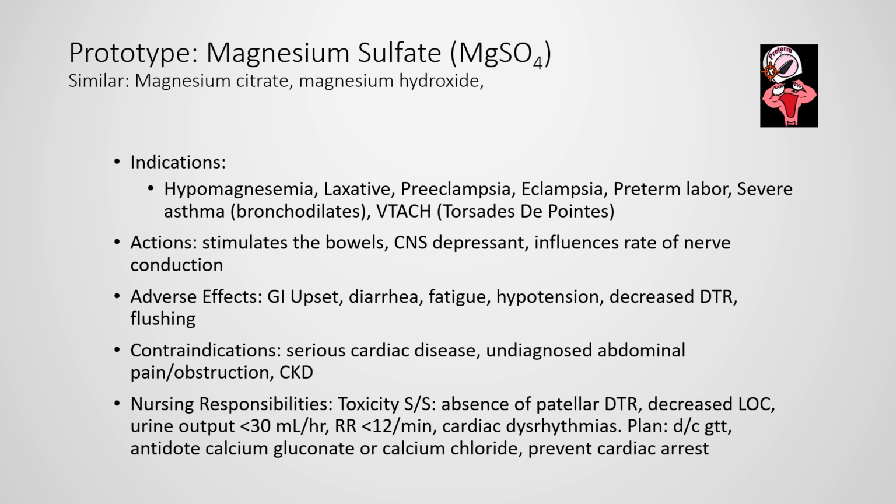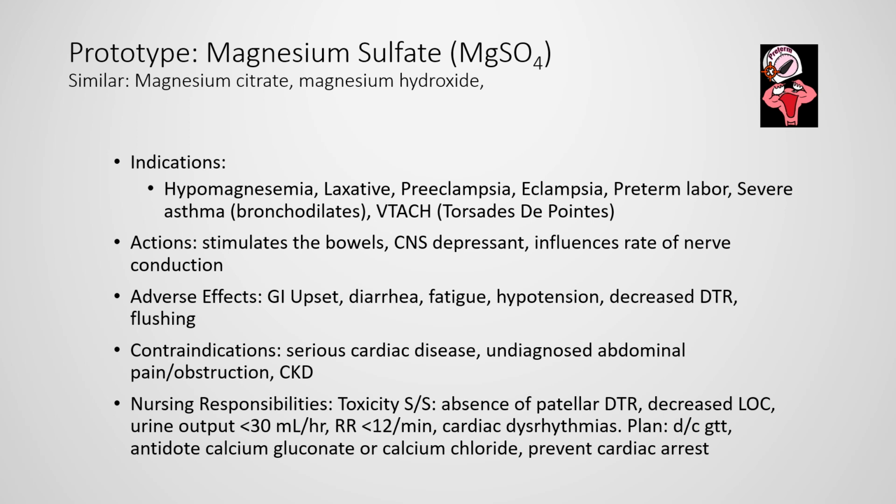Contraindications, there aren't that many. I guess undiagnosed abdominal pain or obstruction, you wouldn't want to give a laxative, which magnesium is. Chronic kidney disease. So magnesium and calcium are always opposite each other when you have chronic kidney disease. So if you have an elevated calcium, you typically have a low magnesium.